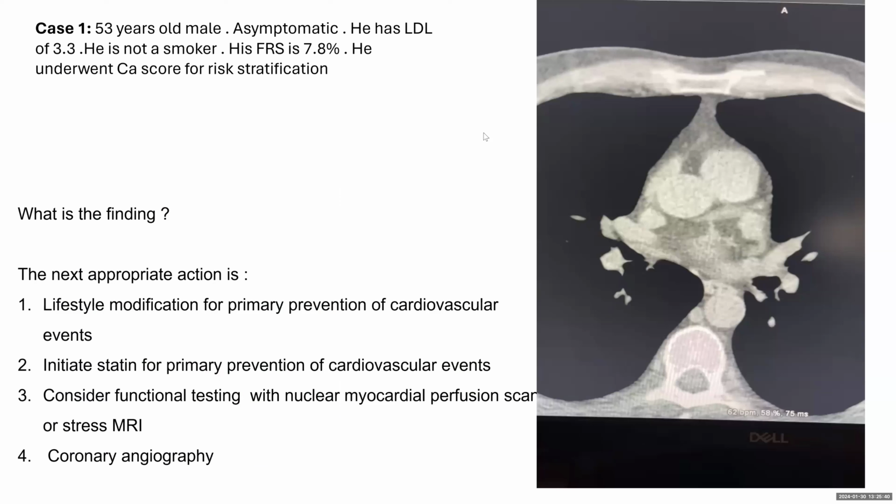So there is the Agatston score, the mass, and the volume. These are the 3 tools. The most validated and used is the Agatston score, and that's what we use. So this patient has an Agatston score of 275.